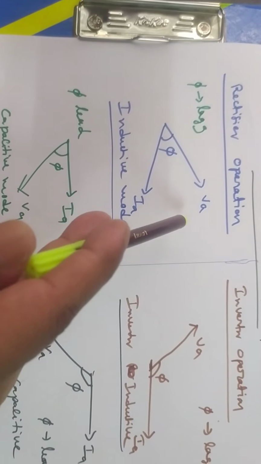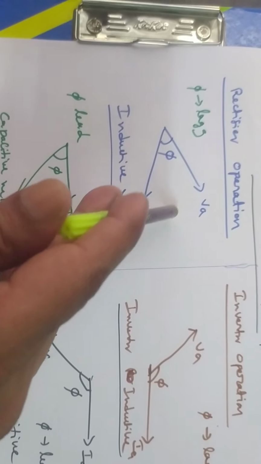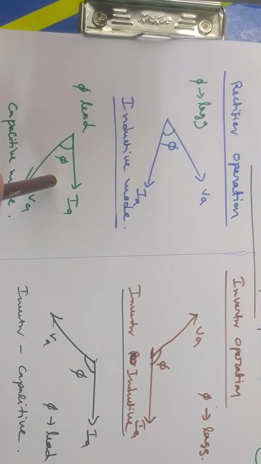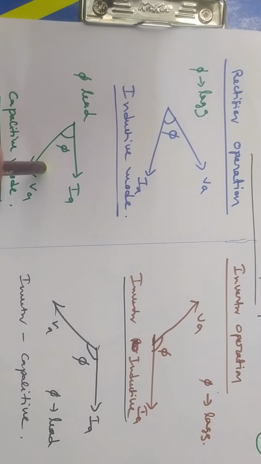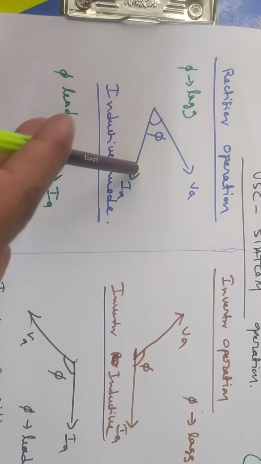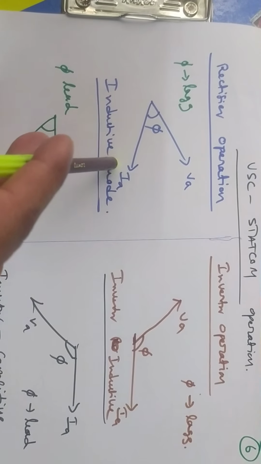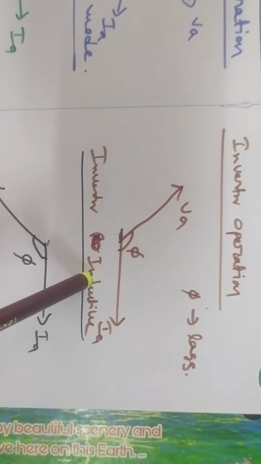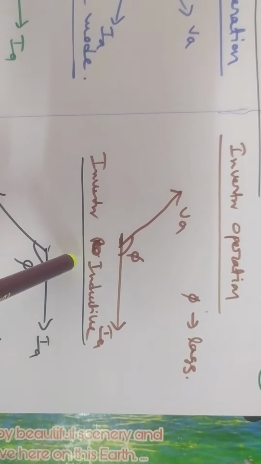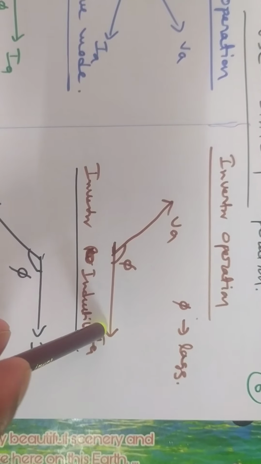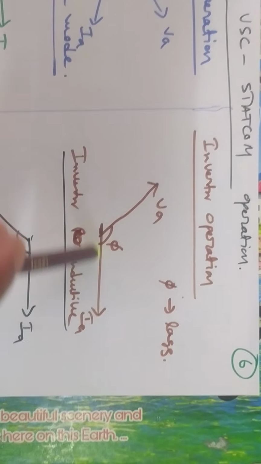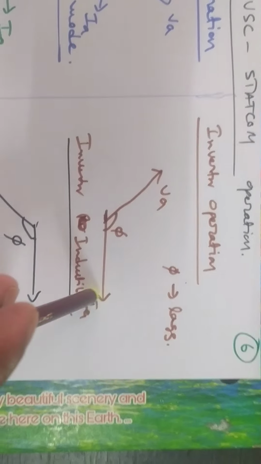So when the angle between VA and IA is negative, it will supply leading reactive power; when it is positive, it supplies lagging reactive power. Similarly, in inductive inverter mode of operation based on alpha value, this is the phase relationship between VA and IA.